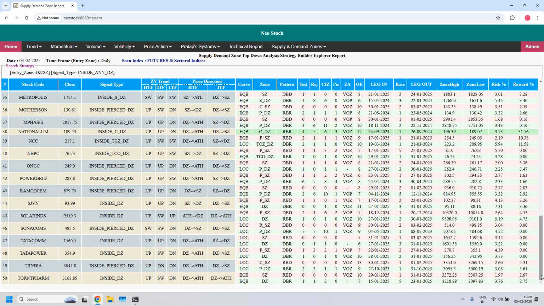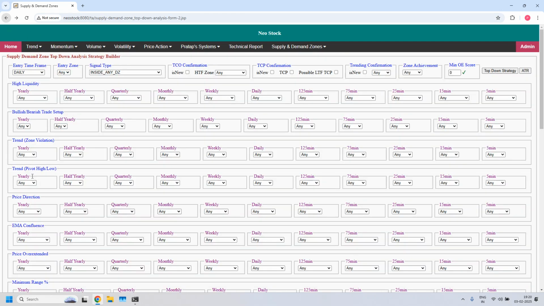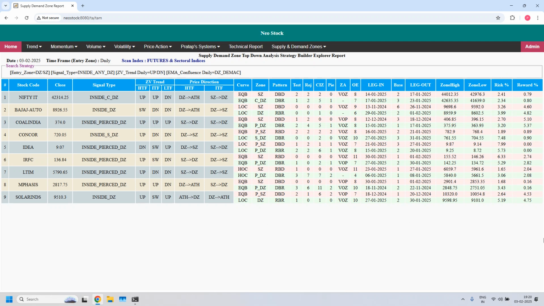So total 50 stocks. Let us further filter this list by setting daily EMA Confluence for the daily demand zones. So in the EMA Confluence at a daily time frame, I am setting the filter daily demand zone having daily EMA Confluence, and trend on the daily time frame is either up or down. With these filters, we got only 9 stocks.